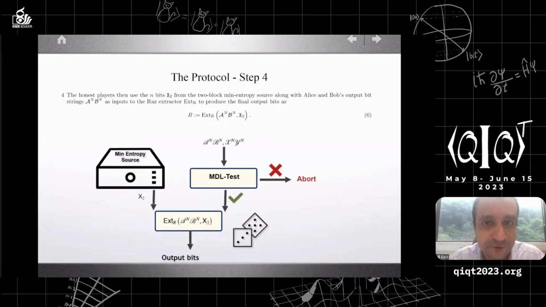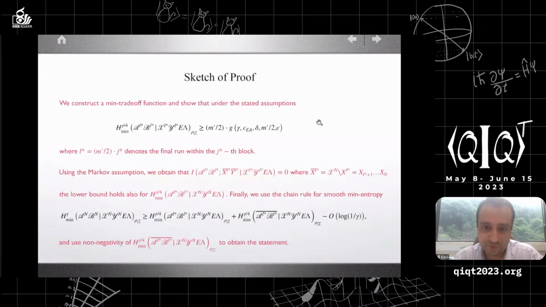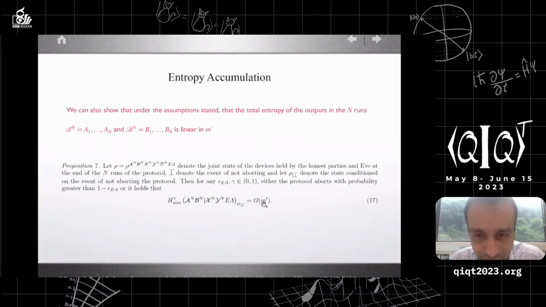I'll go to the last step of this protocol, which is step 4. Remember, I said that the block min entropy source has 2 blocks, x1 and x2. Now, what we did is to use x1. We did some classical procedure. We did a Bell test, and we got outputs A and B, A_n and B_n, which we showed have some amount of min entropy, which is smooth min entropy, of the order of n prime.